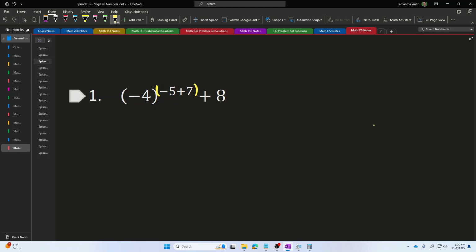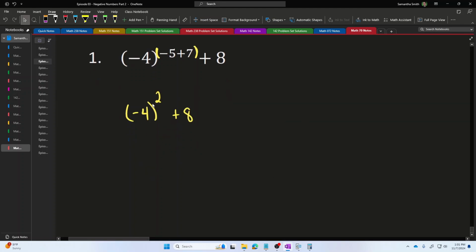Now, if I have negative 5 to begin with, if I have a debt of 5 units, and then someone pays me $7, I can spend 5 of those dollars to pay off my debt, and then I have $2 left over. So I would have negative 4 in parentheses to the power 2 up there in the exponent.